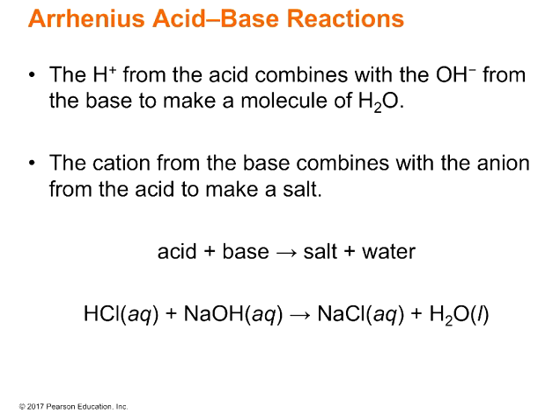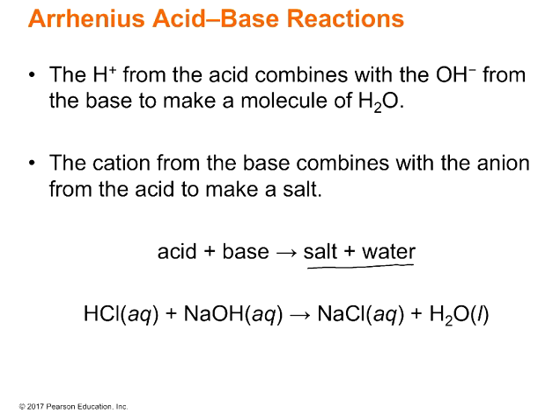So you might remember from previous courses that in a neutralization reaction, which is what this type of reaction is, we have our acid and base that combine, and then our products will be some sort of salt and water.